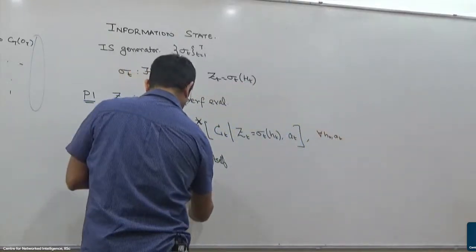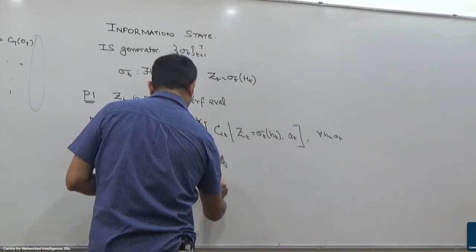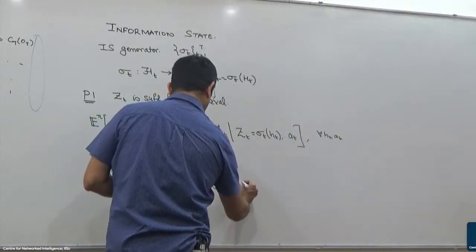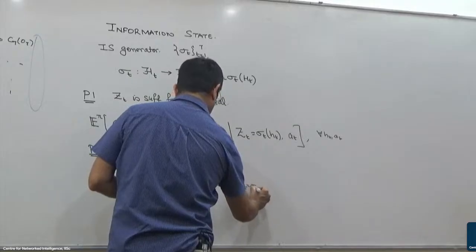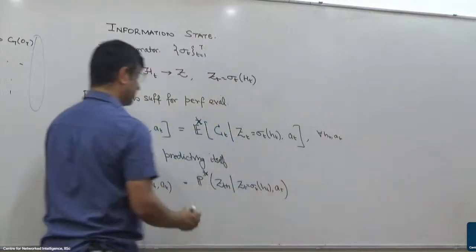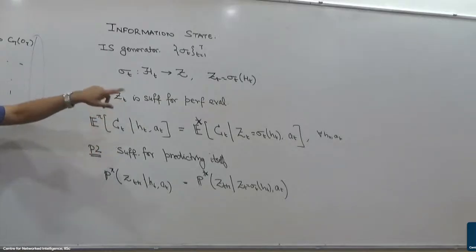This should be equal to the probability distribution of Zt plus 1 conditioned on Zt being the compression of history and At. Okay. My claim is that if I have an information state that satisfies these two properties, then I can write down a dynamic programming decomposition in terms of Zt.